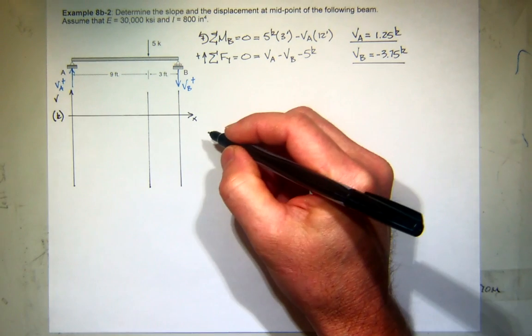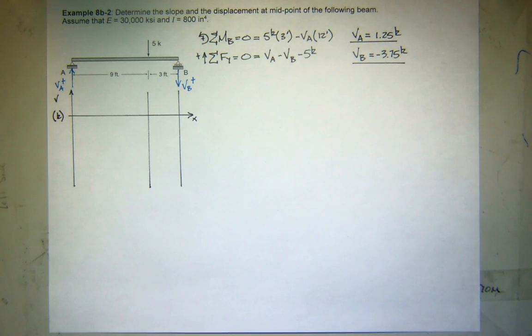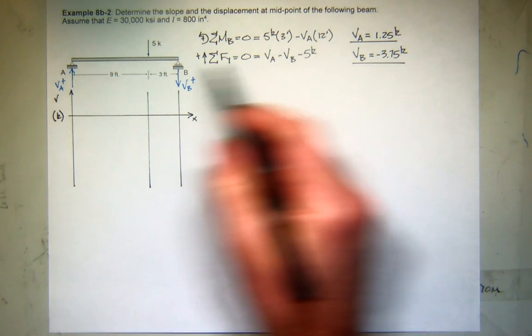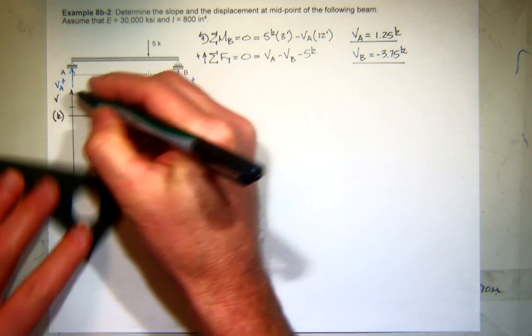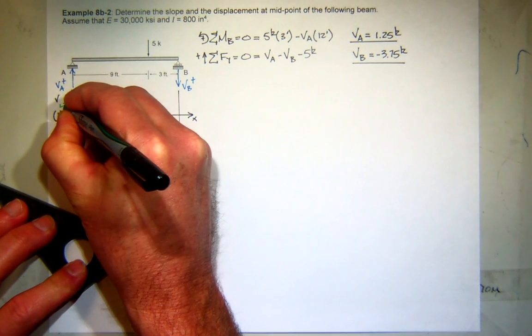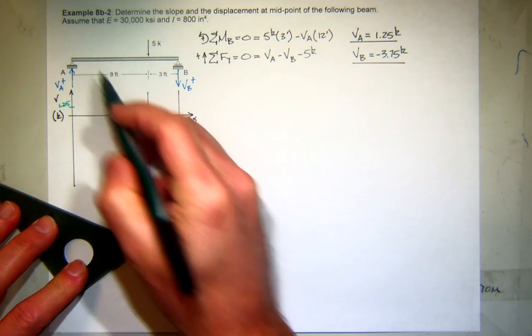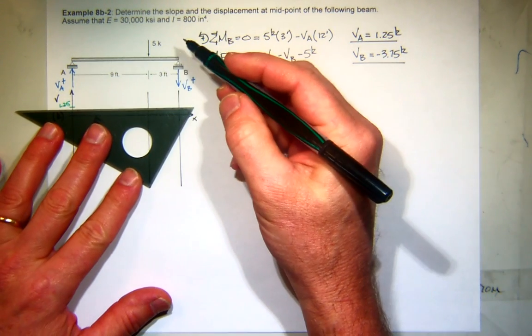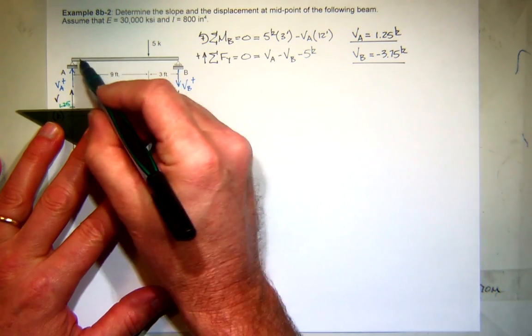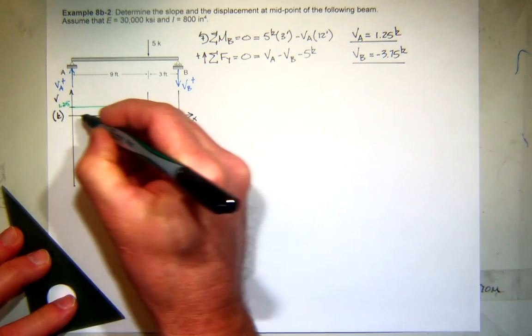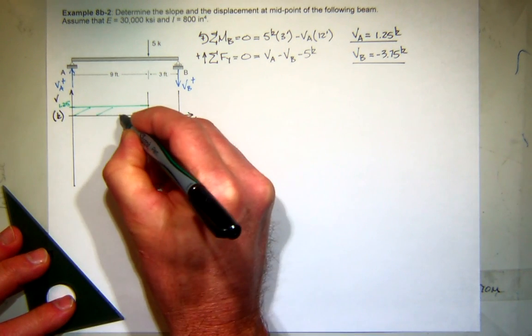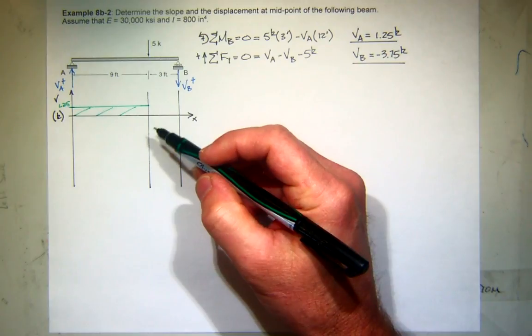I'll assume you can do that. But we do know that at A, I have a positive shear of 1.25. So there's my 1.25. And there's no load, so there's no change. And also, since the load is 0, the slope of the shear diagram is 0. So that should give me constant shear of 1.25 for the first 9 feet.